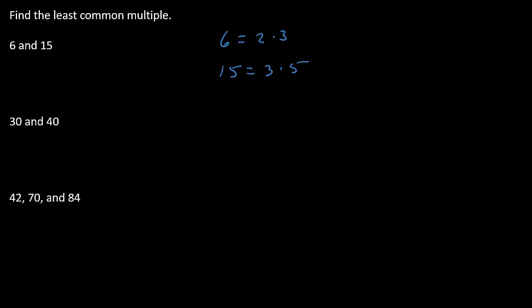Now we've got to find the least common multiple. So what we do is you look at each different factor. For this example, let's take a look at the 2 first. Now, how many times does the 2 appear up here with the 6?